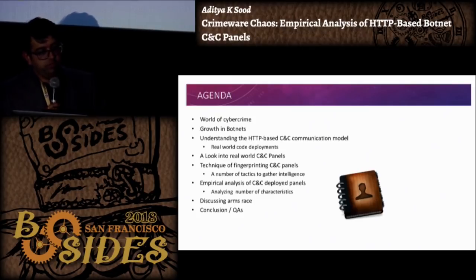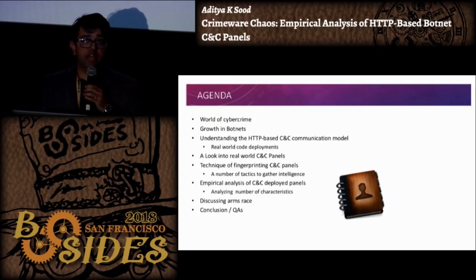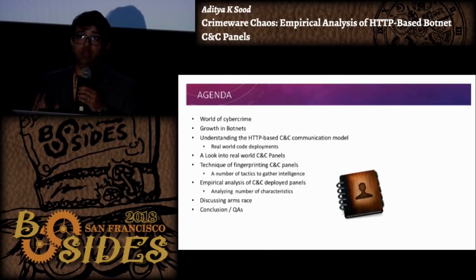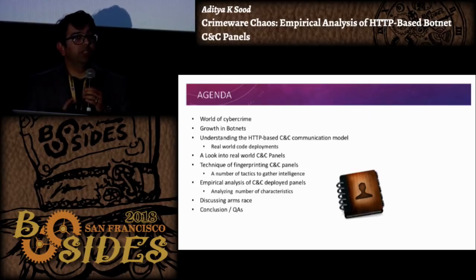So what we're going to talk about today. We're going to look into the world of cybercrime. We're going to talk about why botnets are growing. We're going to look into the basic HTTP-based command and control communication channels and try to see what it's all about. We're going to look into some real-world command and control panels and how they look.